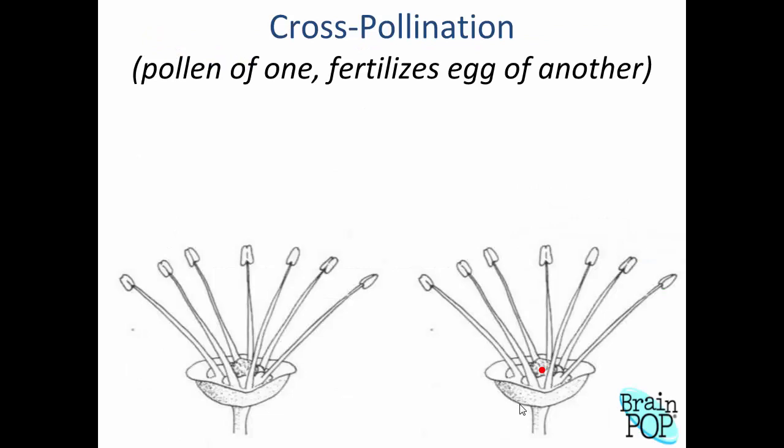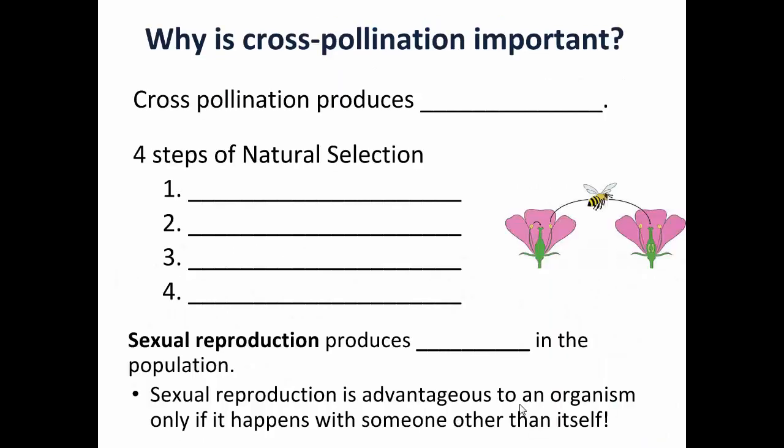Okay, and cross-pollination has some advantages because, like I said, it produces variation. It adds variety to the species, shuffles the deck of the genes and chromosomes.